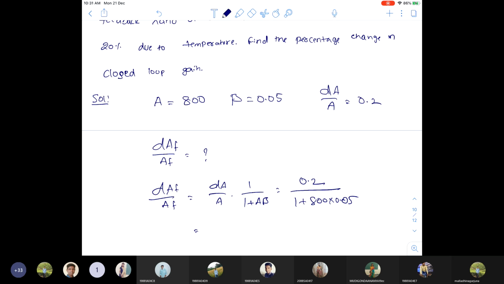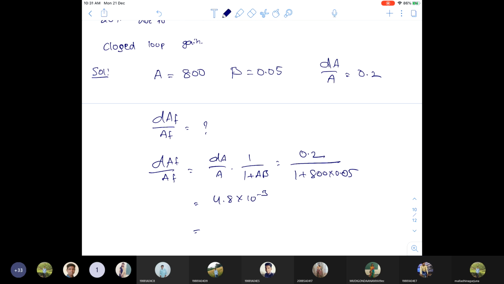You will get 4.8 into 10 power minus 3. We have to calculate in percentage, so multiplying by 100, you will get 0.48%.